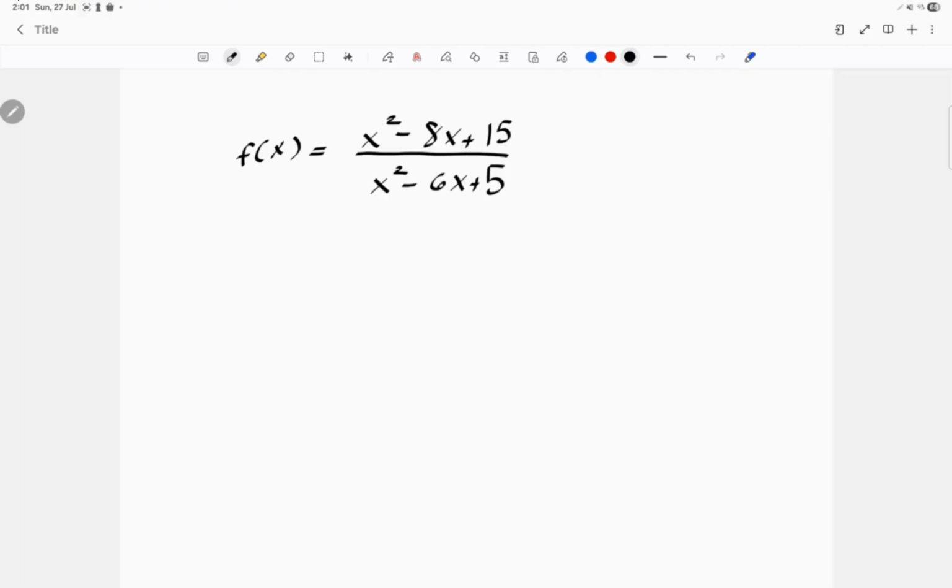You factor, exactly. Whenever you see a quadratic function, always factor if you can, okay?